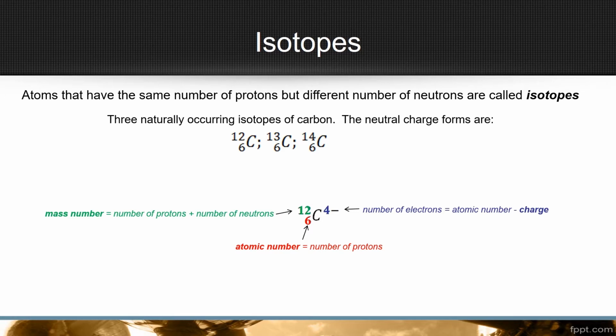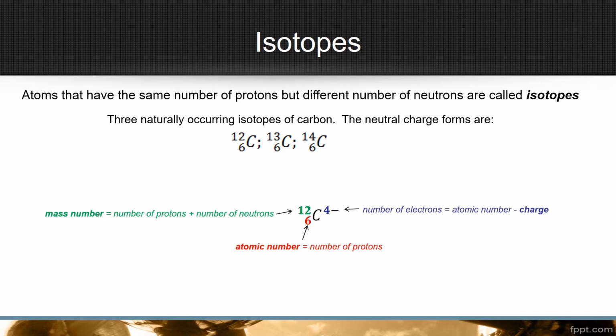So looking at the example, we know we have 6 protons from the atomic number identifying the element as carbon, and we have 10 electrons because there are 4 more electrons than protons to give us the anionic charge of -4. And finally, there are 6 neutrons in the nucleus of this isotope because the mass number is 12, and subtracting 6 protons from the mass number value gives us 6 neutrons.